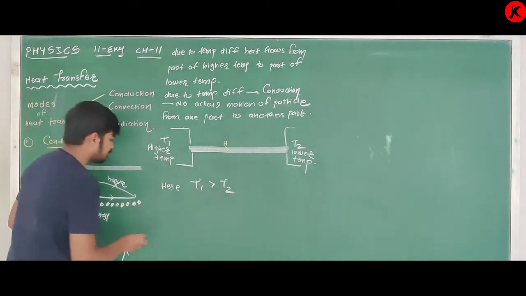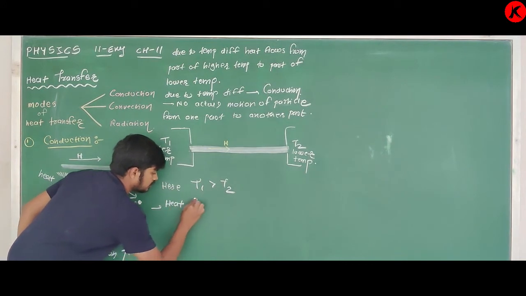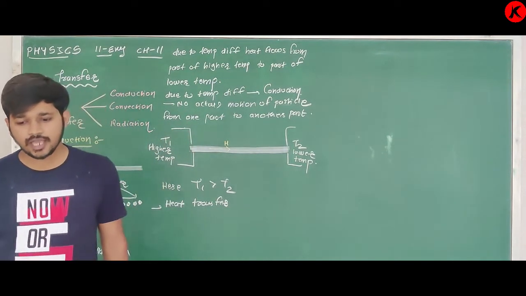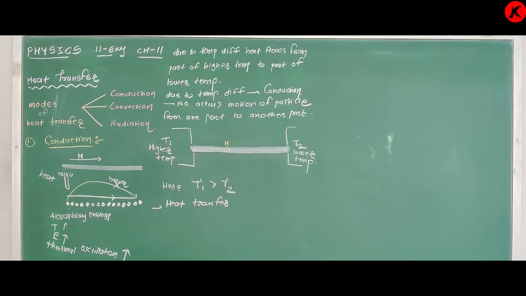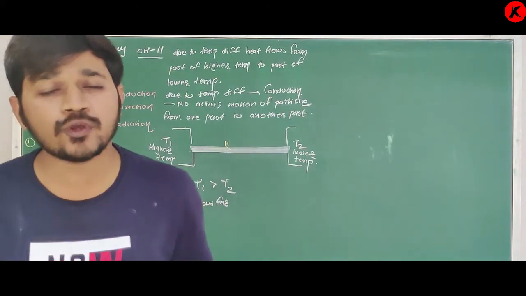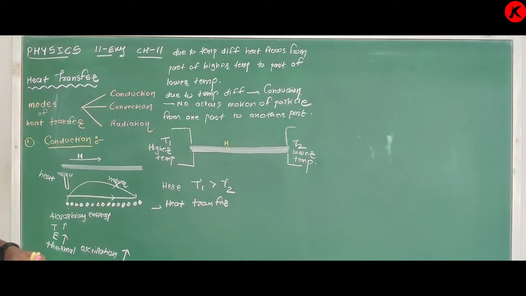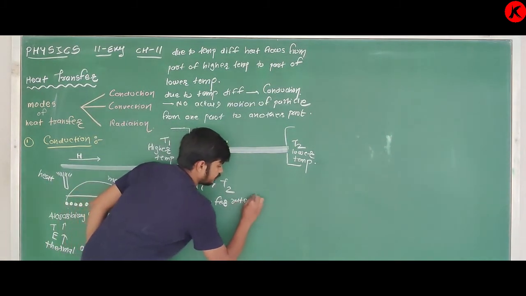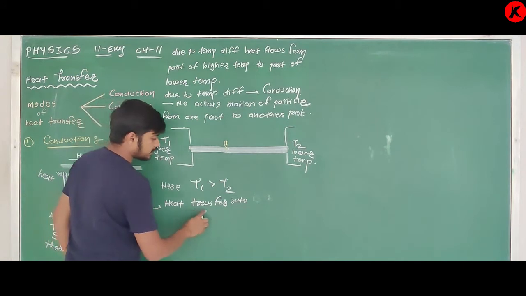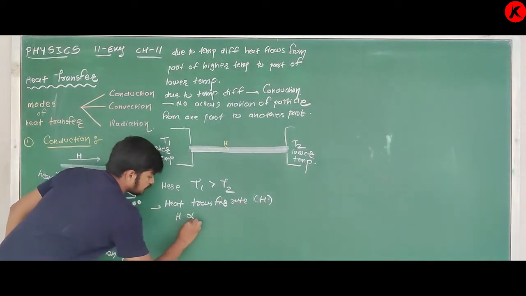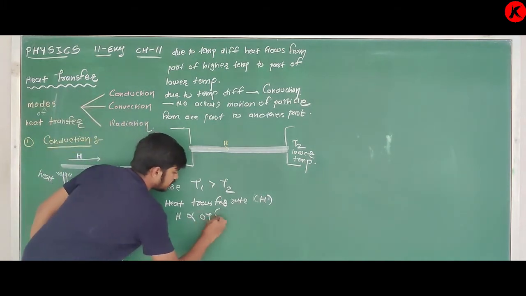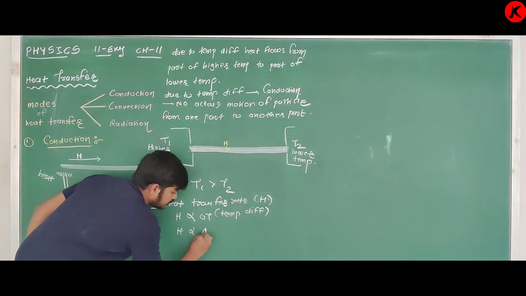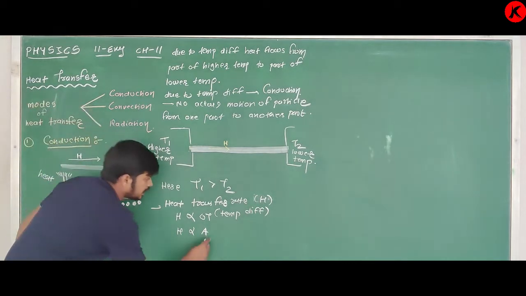Heat transfer, or you can say heat current or rate of heat flow. The heat transfer rate, that is H, is directly proportional to the temperature difference, delta T. Second, H is proportional to A. What is A? A is the cross-sectional area.